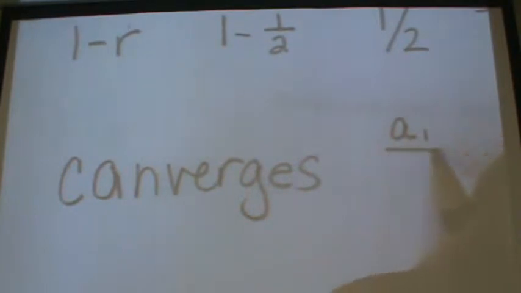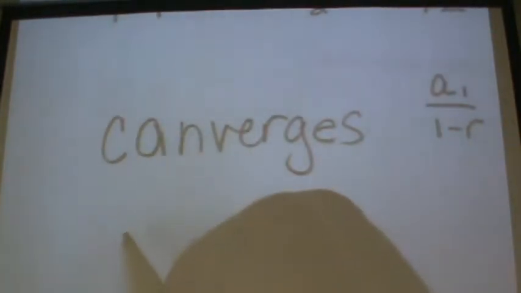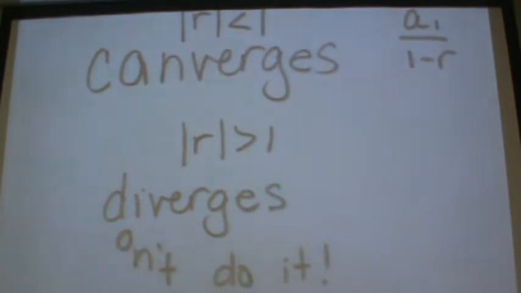The formula is a sub 1 over 1 minus r, the first term over 1 minus the ratio, and that's only if the absolute value of the r value is less than 1. If r is greater than 1, your series is getting larger and larger. It diverges. If it diverges, don't do it. If it converges, you can do it.